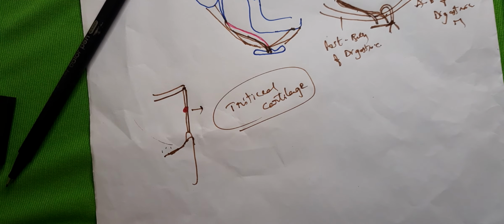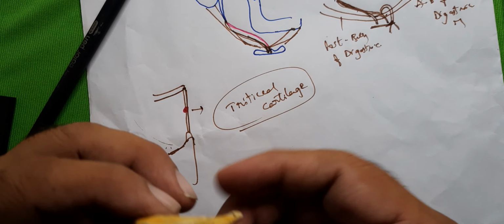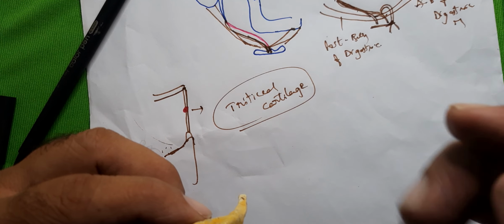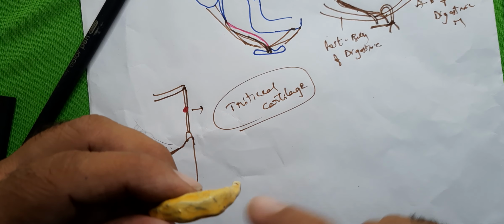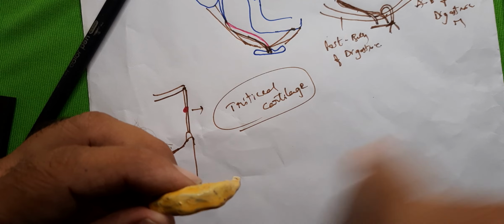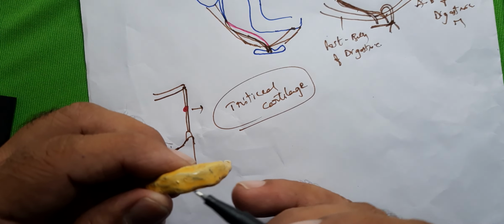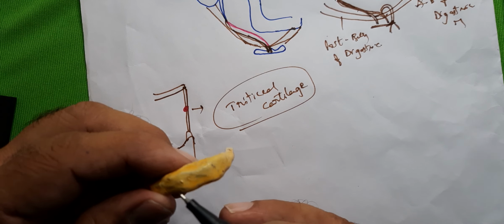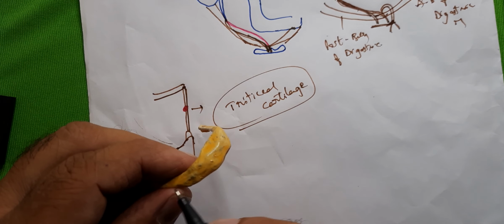hyoid bone. If you see the infrahyoid group of muscles, you will see the mylohyoid is also suprahyoid because it is going to the mandible, forming the floor of the mouth. So the infrahyoid group of muscles are the sternohyoid, which is attaching near the middle, and the omohyoid is present here, and here the thyrohyoid is present.